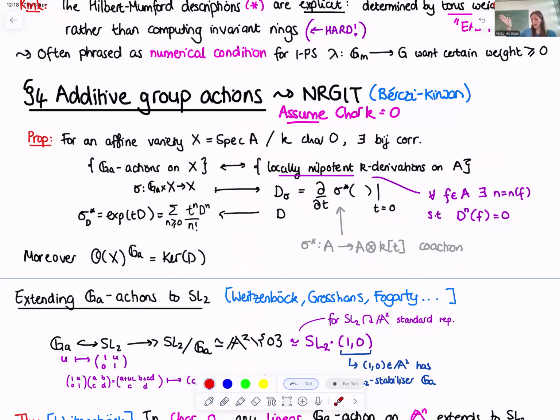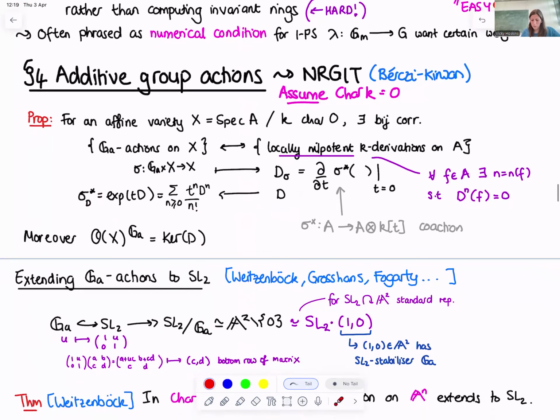But otherwise, you can go backwards by exponentiating. So if you exponentiate the derivation that you have, then you get a coaction. And then this coaction will define for you an action. And moreover, under this bijective correspondence, you can describe the ring of invariants as the kernel of the associated derivation, which is quite nice.